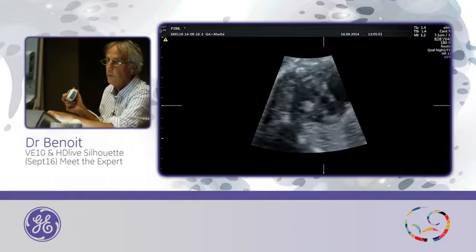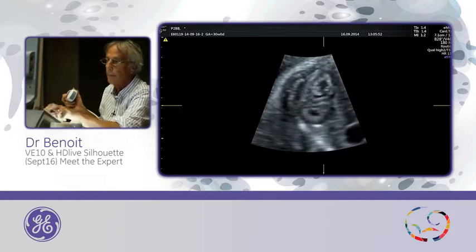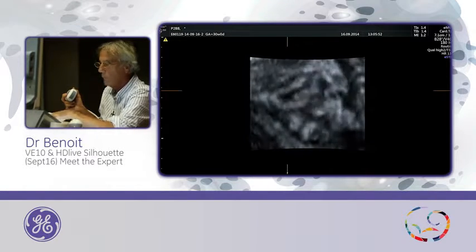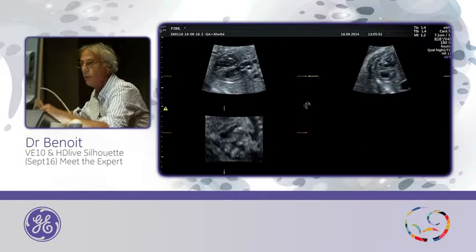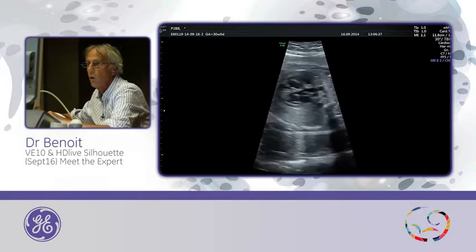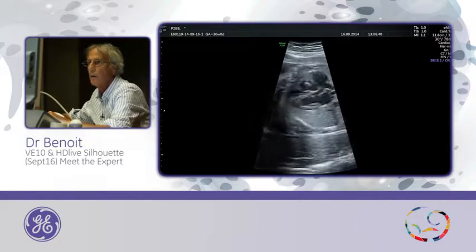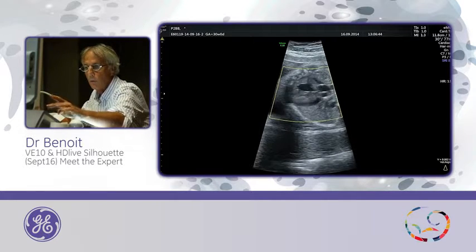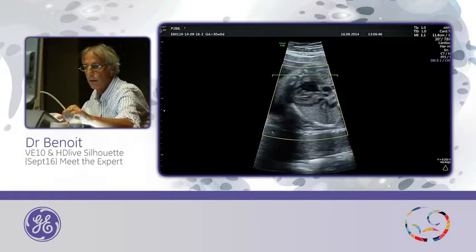And this is the C plane, the B plane, and now the C plane. So it is easier to use the STIC, but if you need it, you can also do it in real time. This is a heart, 4D, and I will do it in fetal cardio.